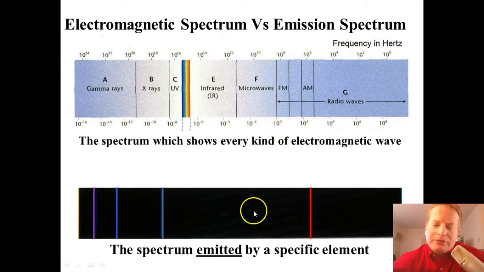The emission spectrum is uniquely emitted from a certain element. So it only includes those wavelengths, those frequencies, and those energies emitted by that particular element. So again, the electromagnetic spectrum is everything with electric and magnetic properties.